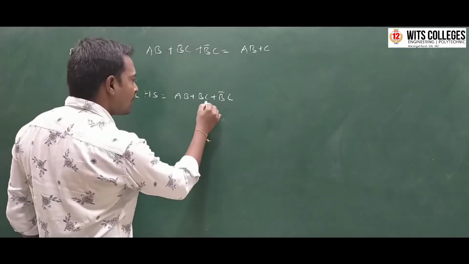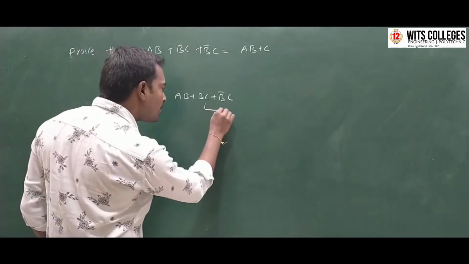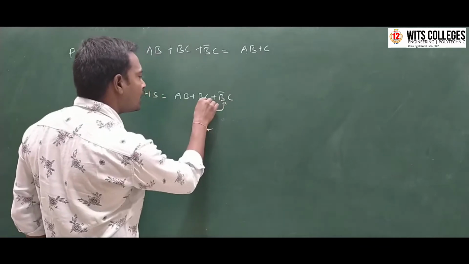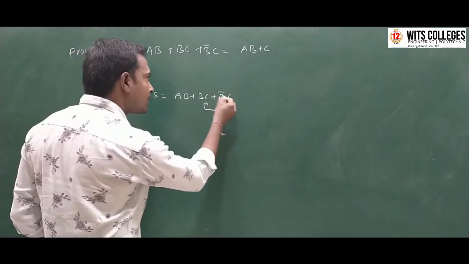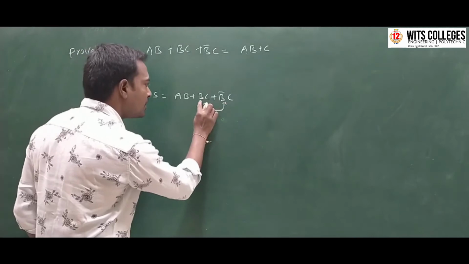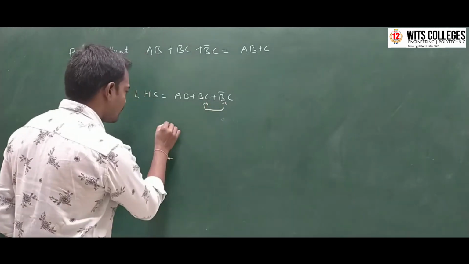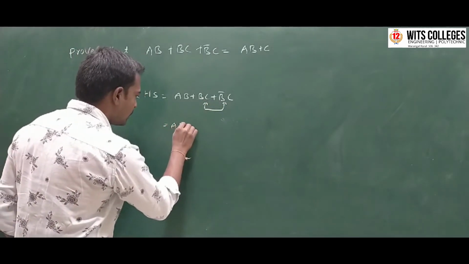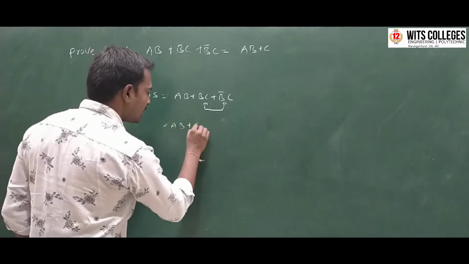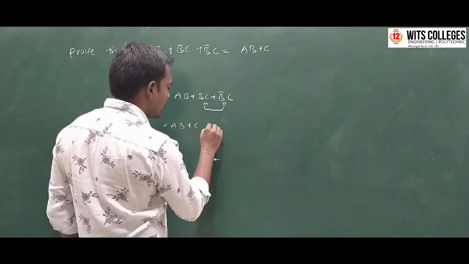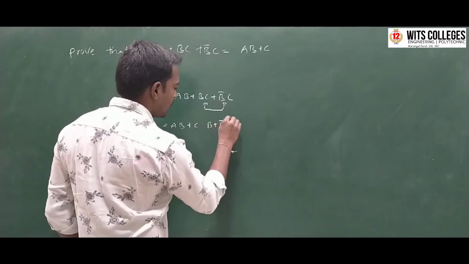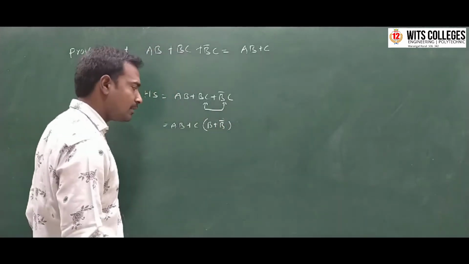Here C is common in BC + B̄C, so I am taking C as common. That is equal to AB + C(B + B̄).